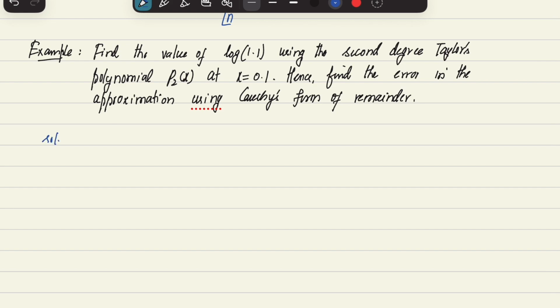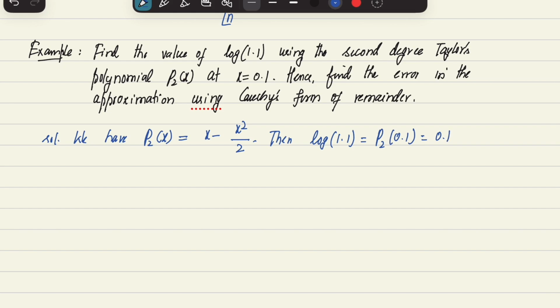So in the solution, we have P2 of x is equal to x minus x squared divided by 2. Then log of 1.1 is approximately P2 of 0.1, which is equal to 0.1 minus 0.1 whole squared divided by 2, and this is equal to 0.095.